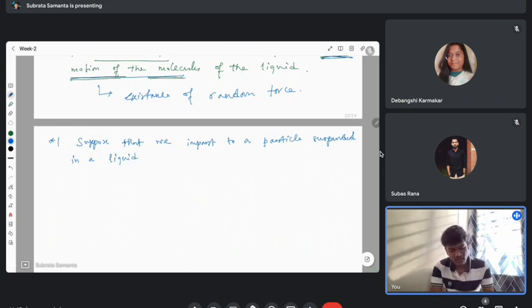So this is the assumption. First assume that we impart to a particle in a liquid a velocity v.